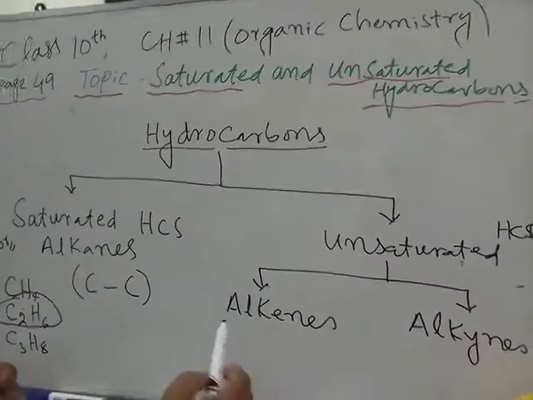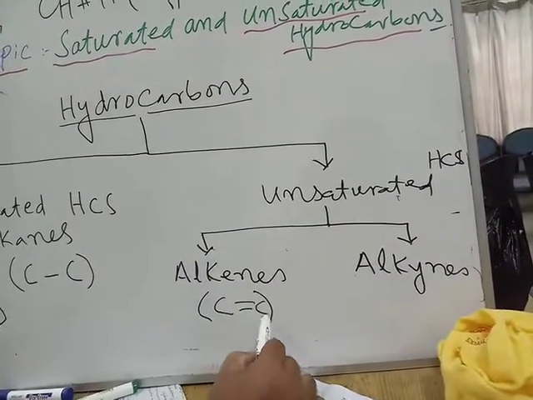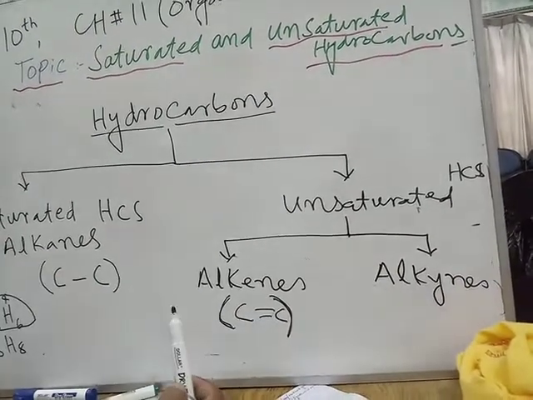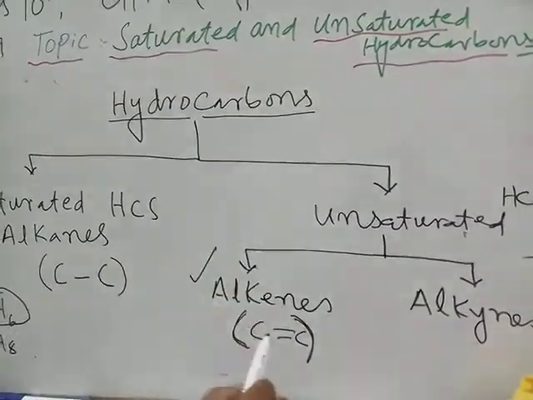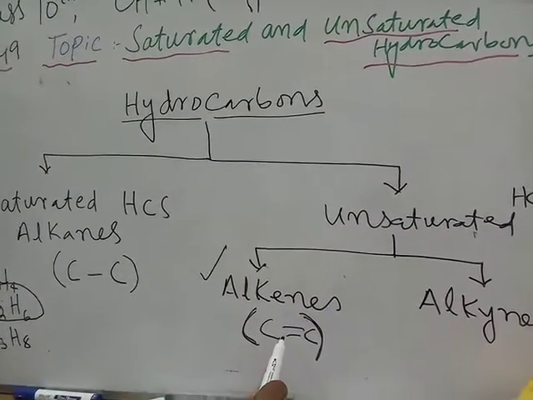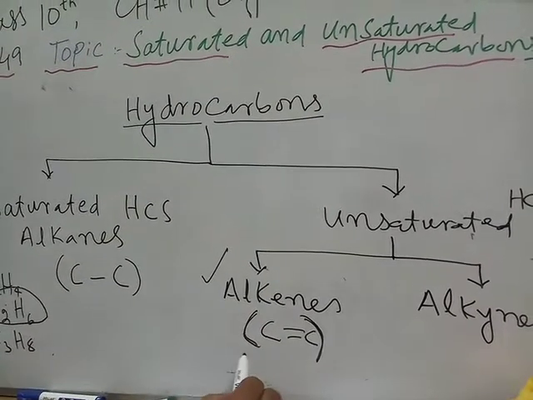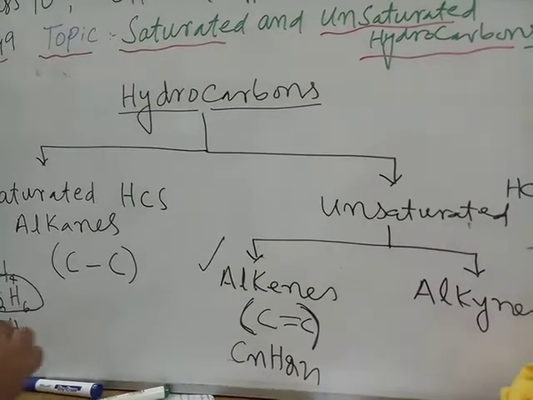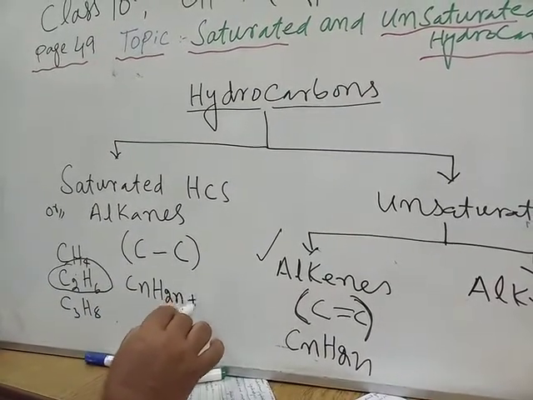Remember that alkenes have at least one carbon-carbon double bond. It may be more than one, but this is the functional group of alkenes. It must be present for a compound to be an alkene. Its general formula is CnH2n. Saturated hydrocarbons have the general formula CnH2n+2.